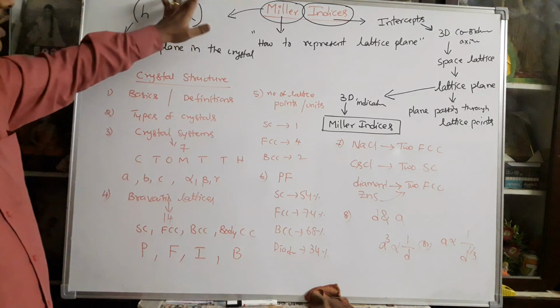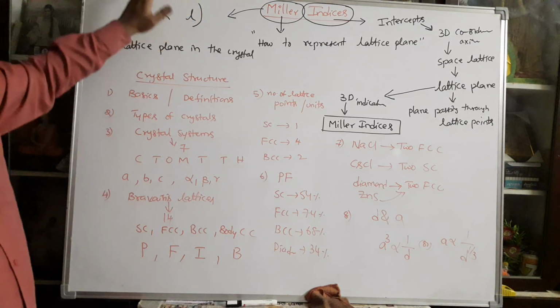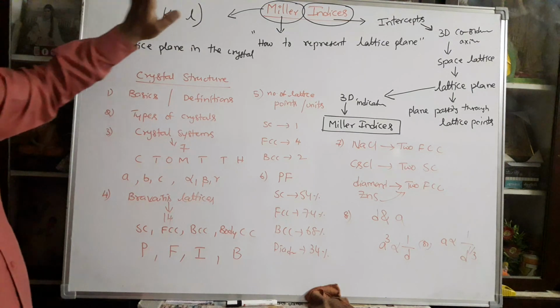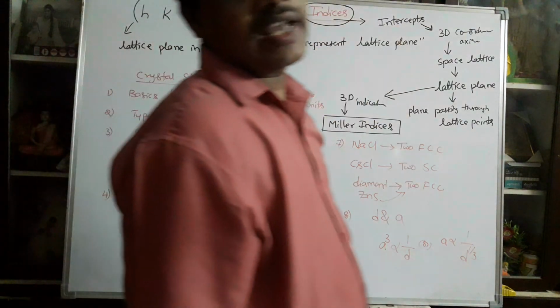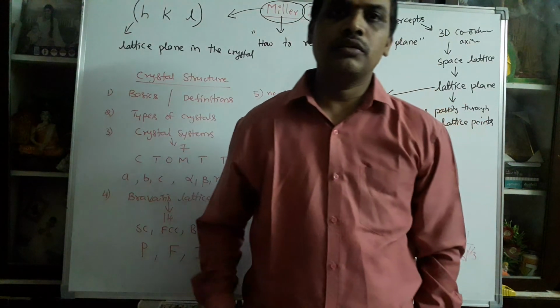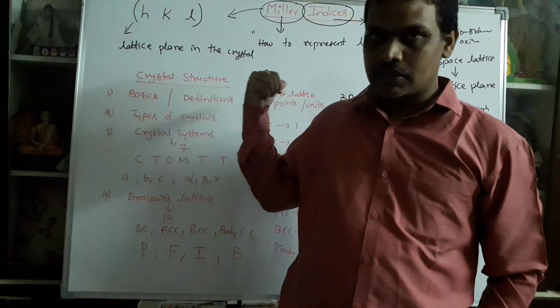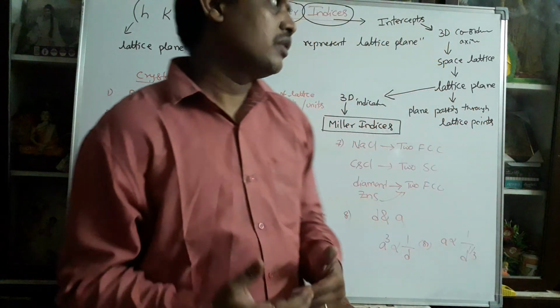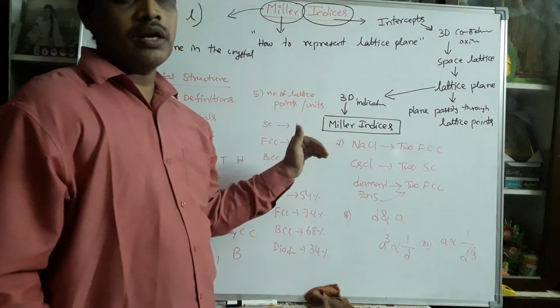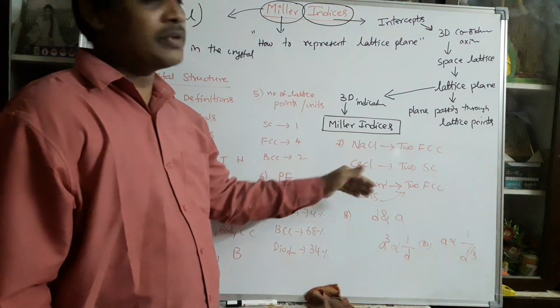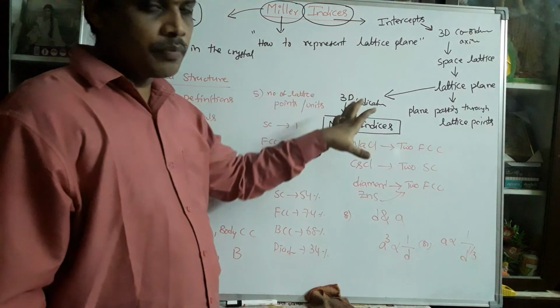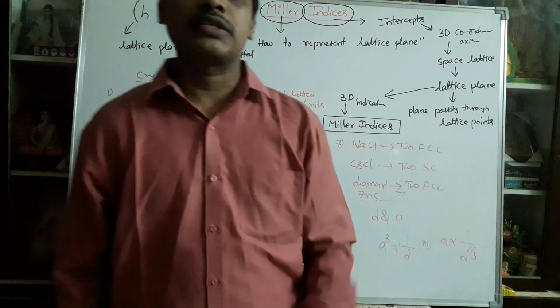These three letters are indicated in curved brackets. These curved brackets indicate the Miller indices, which indicate the lattice planes. After this, we are going to see how the Miller indices can be calculated and how to draw the lattice planes based on Miller indices. This topic will be continued in our next class.